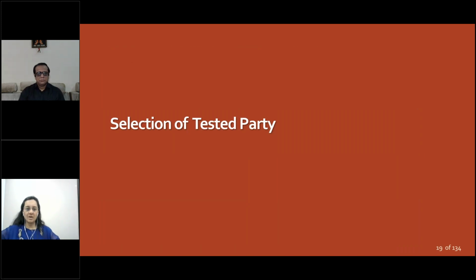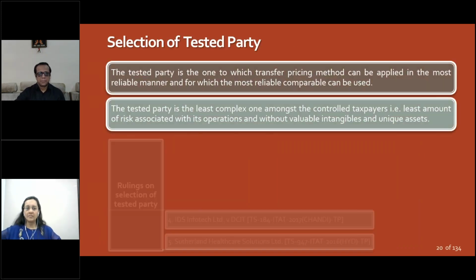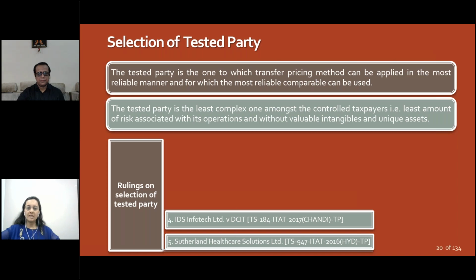So, selection of the tested party. Who is a tested party? A tested party is a party to which a transfer pricing method can be applied in the most reliable manner and for which the most reliable comparables can be used. It is usually also the party which is the least complex amongst the controlled taxpayers, which has the least amount of unique intangibles or assets or the least amount of risk.